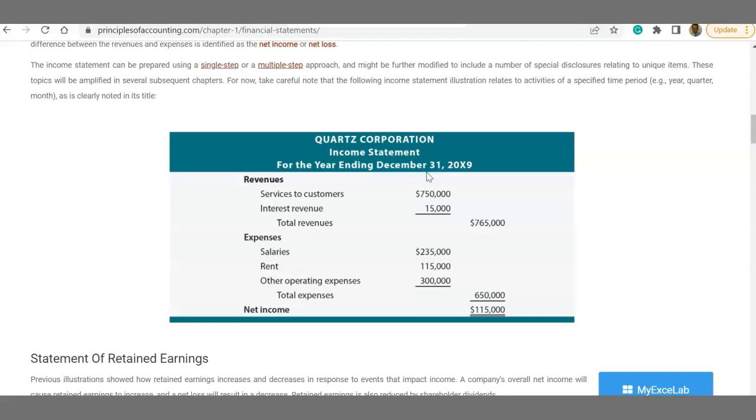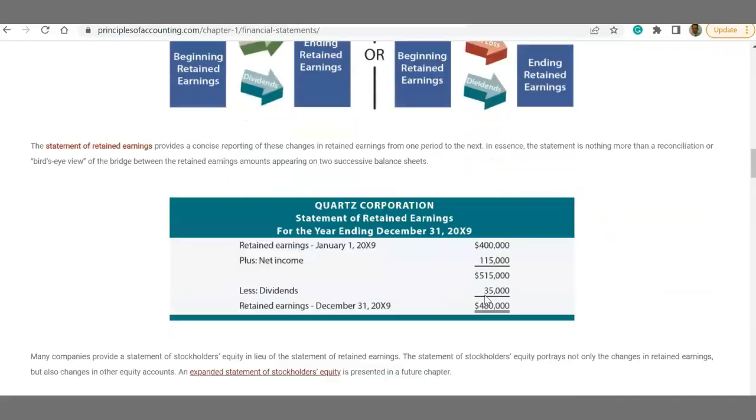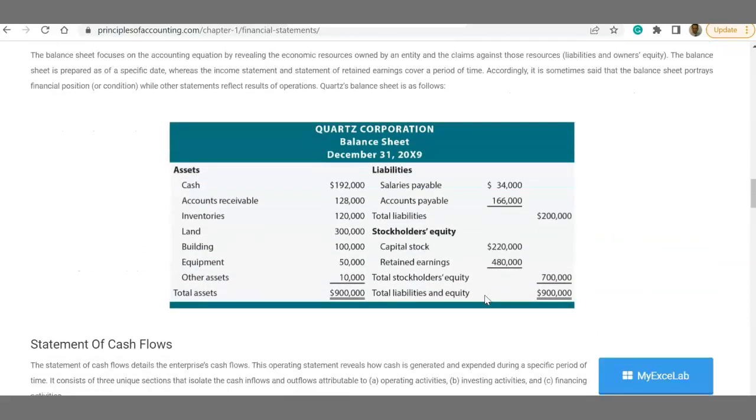Make sense? Whatever happens in 2019 has to be recognized in 2019, including all salaries, rents, anything. So if you do the accrual method of accounting, the net income is 115. If you do the cash method of accounting, which small businesses sometimes do, right?